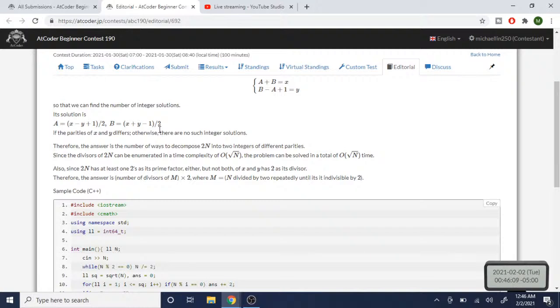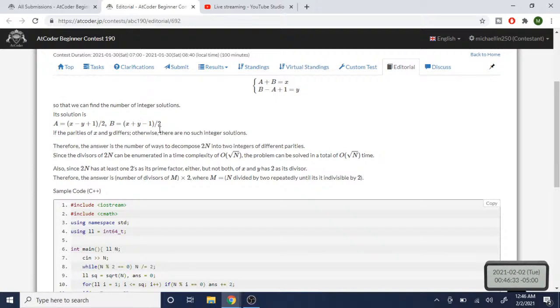How do you know? Let's say x is 5, y is 3. Then you're going to get 5 minus 3, which is 2, plus 1, which is 3, 3 over 2. 5 plus 2, no. Okay, let's say x is 5, y is 2.